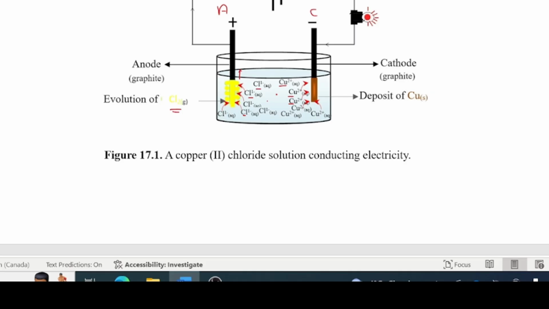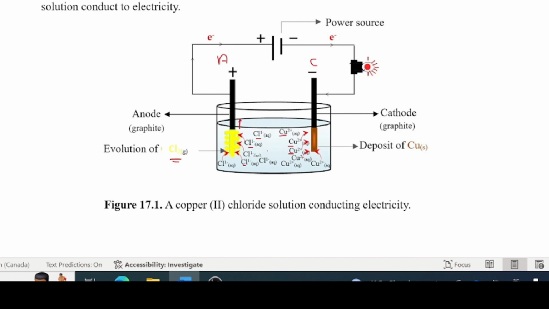So this is how an electrolyte conducts electricity. See? One set of ions are going there and giving electrons to that, okay? And another set of ions are taking off electrons from that. So via these ions inside here, an aqueous solution of an ionic compound conducts electricity.